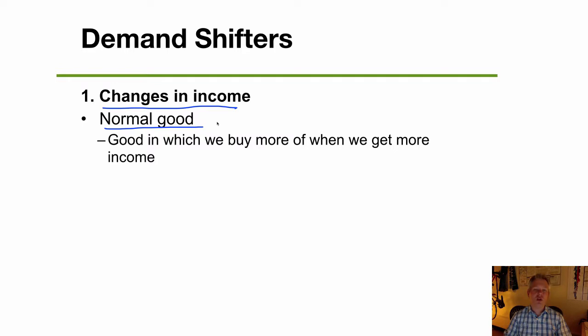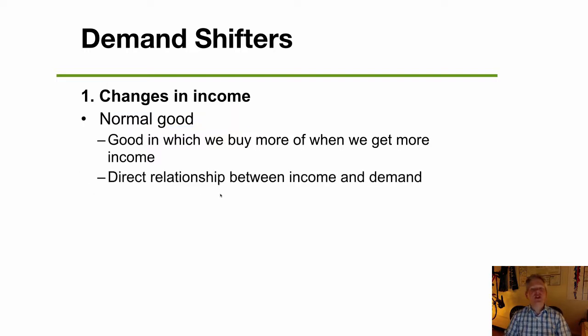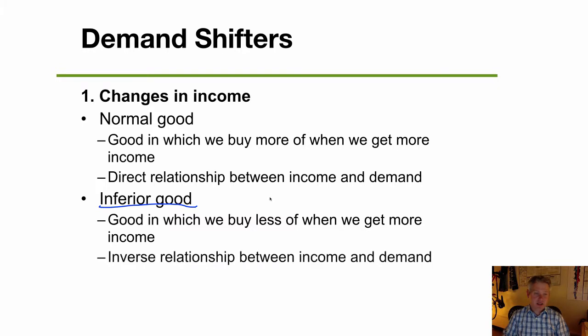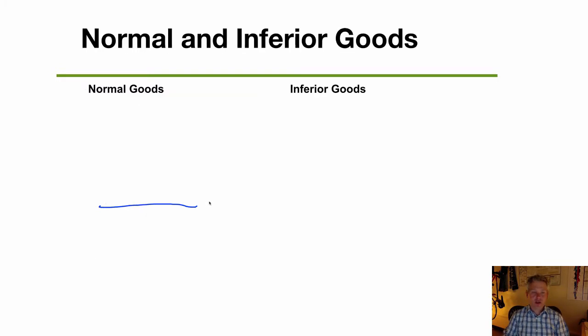As income goes up, the demand curve shifts to the right. So there's a direct relationship between income and demand. For an inferior good, when your income goes up, demand actually is less. There's an inverse relationship between income and demand for an inferior good.